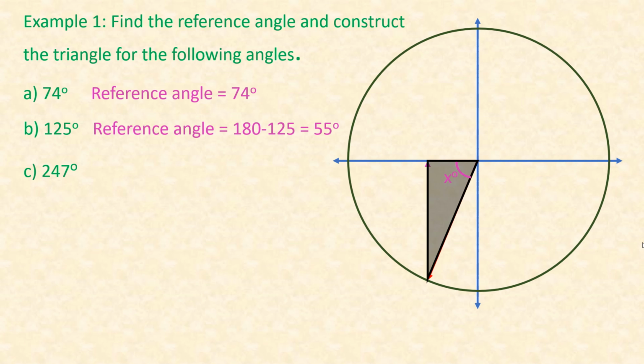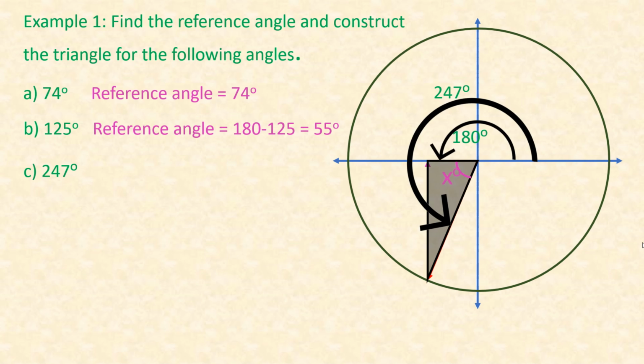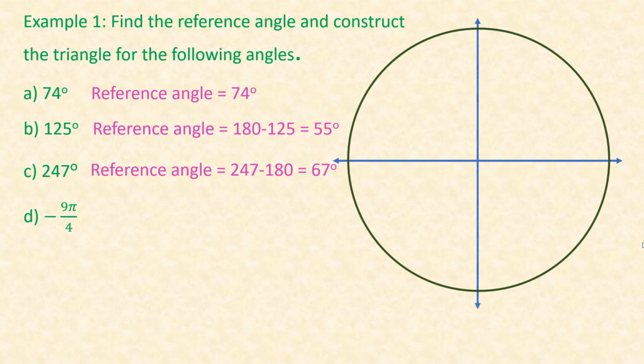I have to know that half a circle is 180, so the difference between 247 and 180 is my x. I just subtract: 247 minus 180 equals 67. That's my reference angle.